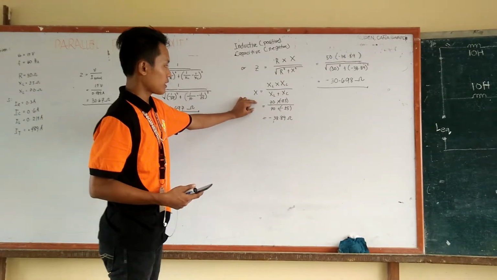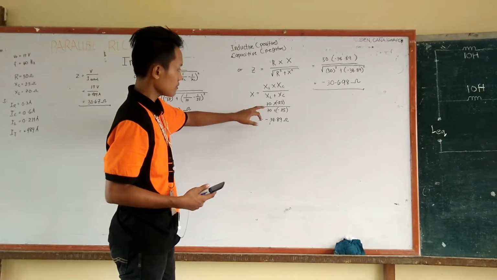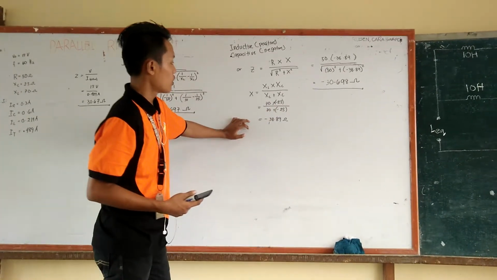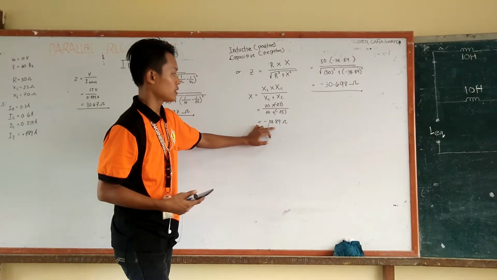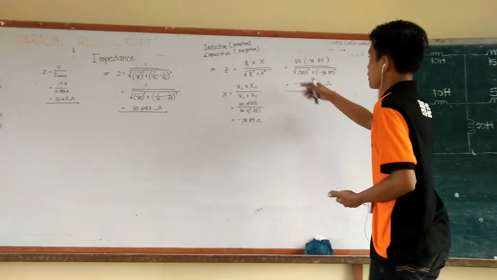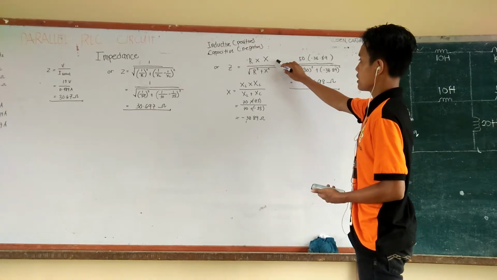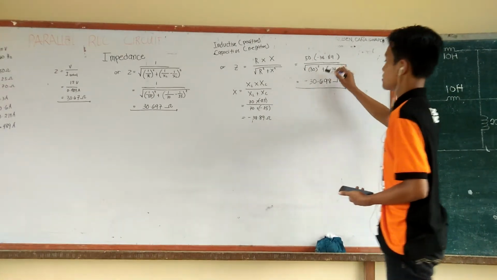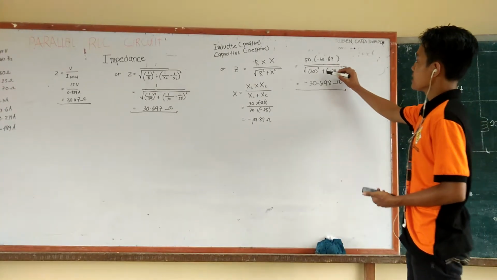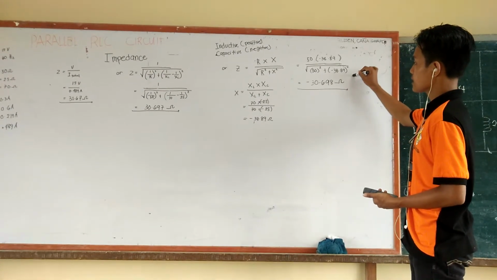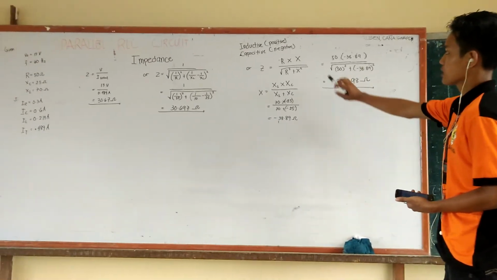We substitute the values: 70 times negative 25 all over 70 plus negative 25 is equal to negative 38.89 ohms. Now we have the value of X, so we substitute it into this formula: 50 times negative 38.89 all over the square root of 50 squared plus negative 38.89 squared, and we got negative 30.698. So we can say that our circuit is more capacitive.